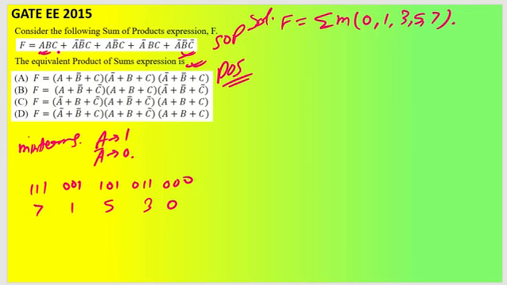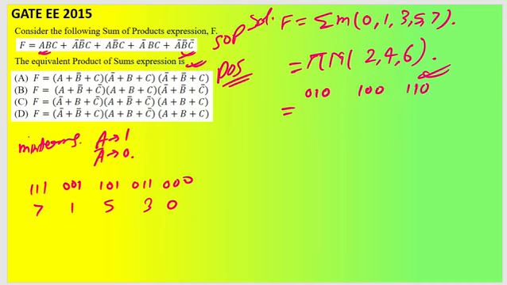So what would be my max terms? It can be written as the multiplication of the max terms of the remaining terms, that is 0 1 2 3 4 is there, then 6. So these three terms, 2, 4 and 6, are going to be my max terms. And 2 is nothing but 0 1 0, then 4 is 1 0 0, and then 6 is 1 1 0.